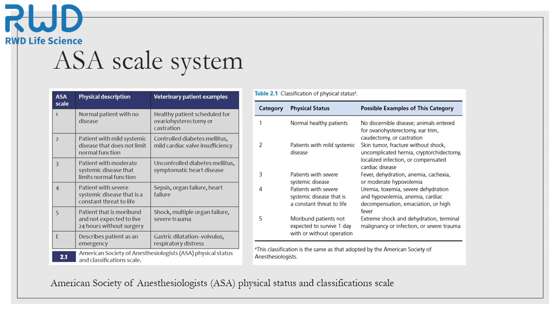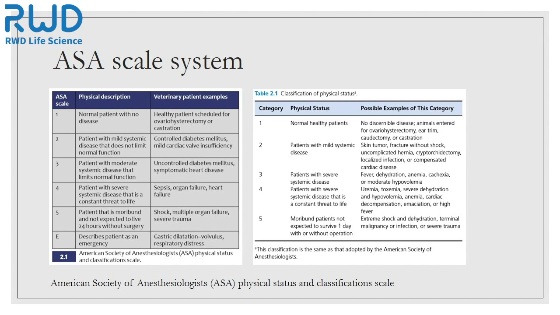We can see there are two pictures on the slide. One of them is the original ASA scale system and the other is slightly modified. For our hospital, we've been using the scale system with the emergency level.